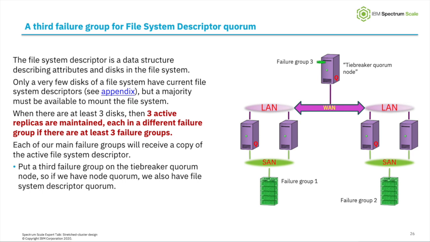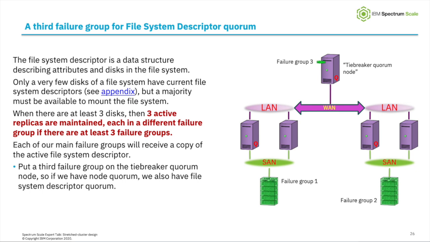Now, the rules on choosing the disks that will have the active copies of the file system descriptor are a little bit arcane. I have an appendix where I go into that in a little more detail. But the rule that we use in designing stretch clusters is this. If you use exactly 3 failure groups, each failure group will automatically have one disk with an active file system descriptor.